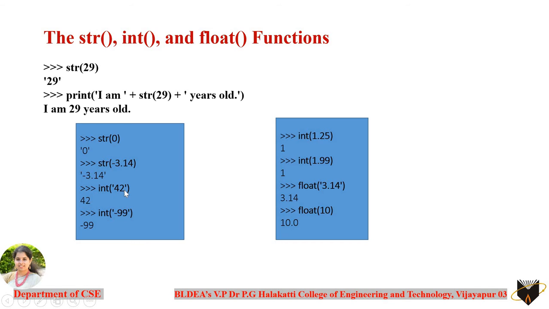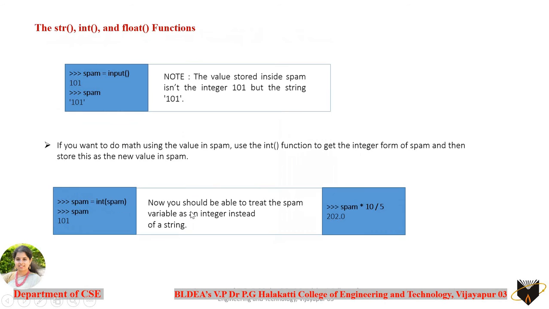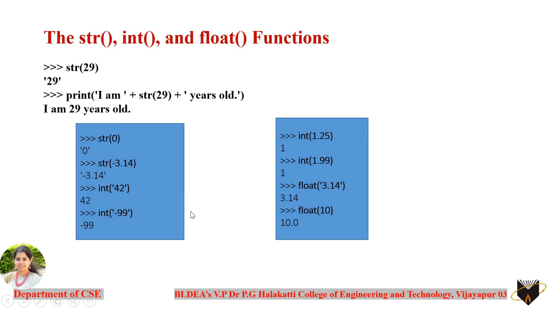Int of 42. Here you can see the type conversion with the int function. You might ask, the 42 is already an integer, why convert it? But if you observe, the 42 is included in single quotes, so it is a string that is converted back to an integer here. The next is int of minus 99.